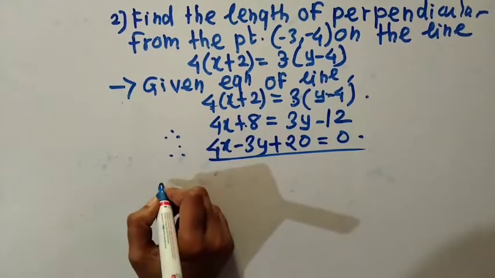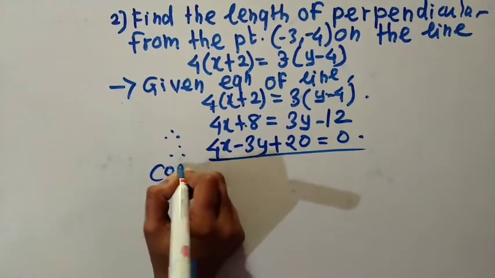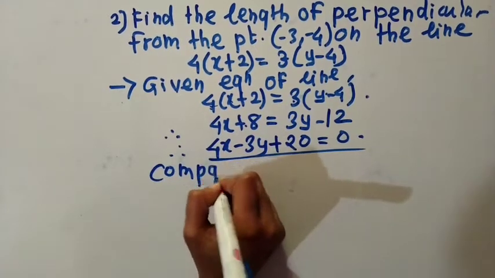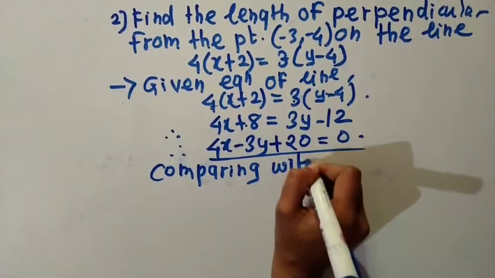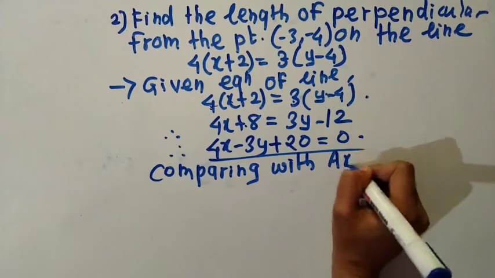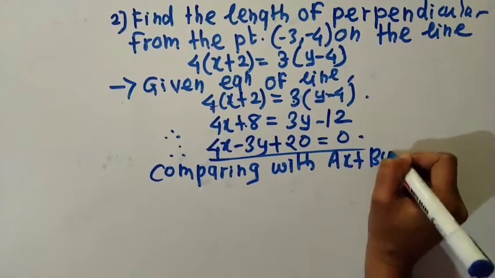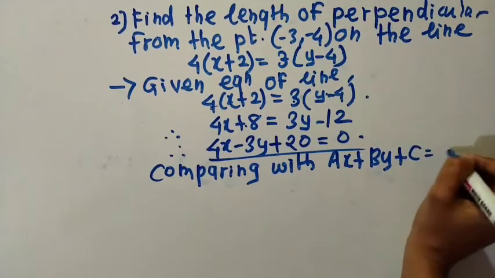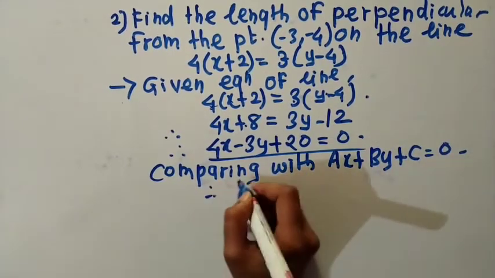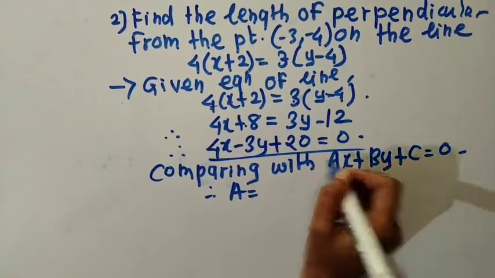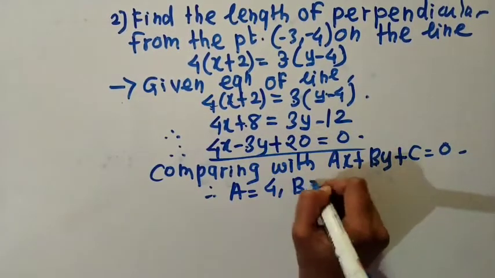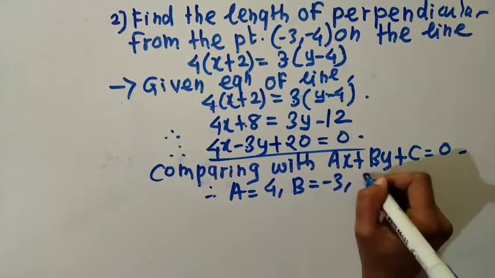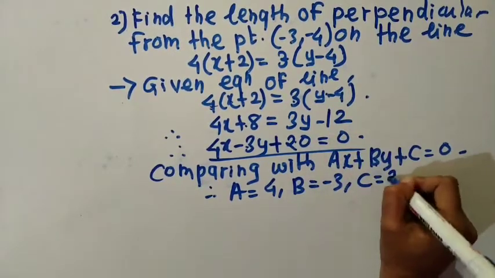And comparing with the equation ax + by + c = 0, we get a = 4, b = -3, and c = 20.